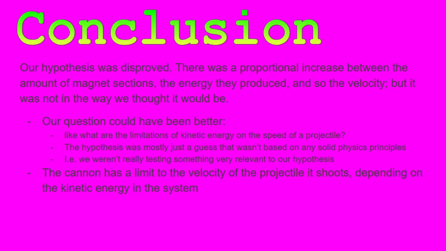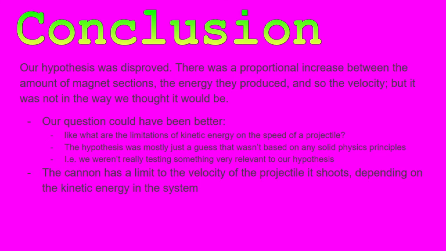In conclusion, our hypothesis was disproved. And our hypothesis was a good lesson on how not to write a hypothesis. So we observed, yes, a proportional increase between the amount of magnet sections, the energy produced, and so the velocity, but it was not in the way we thought it would be.